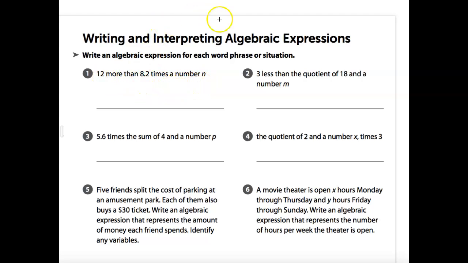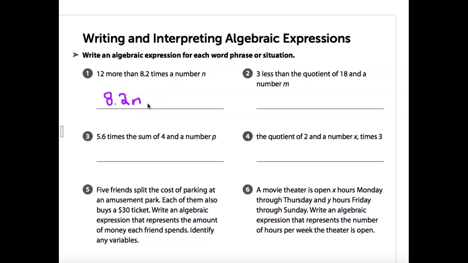Well, these can be a little bit tricky. We have to read it very, very carefully. It says 12 more than. Well, when it says 12 more than something else, then this something else goes first. So we write 8.2 times a number n. Remember, in algebra, we can just put that variable right next to it.